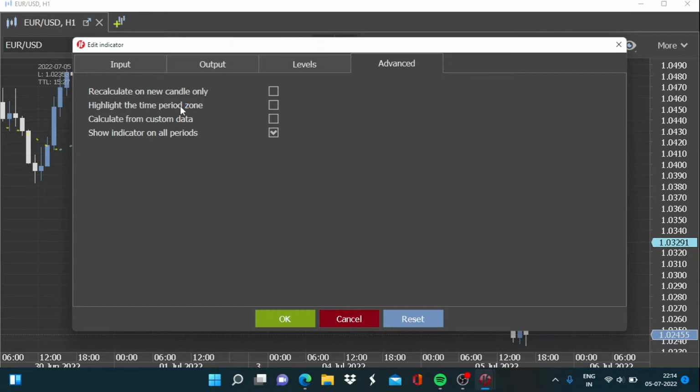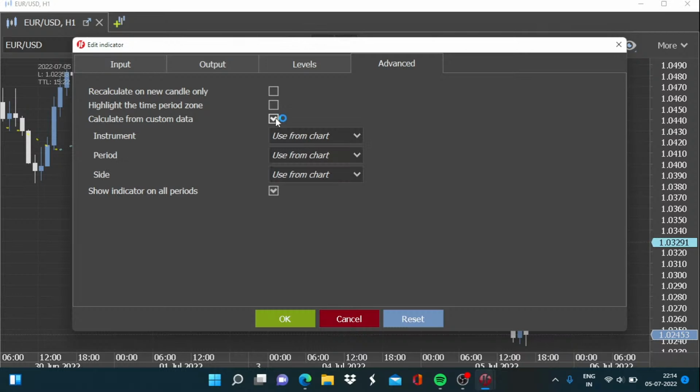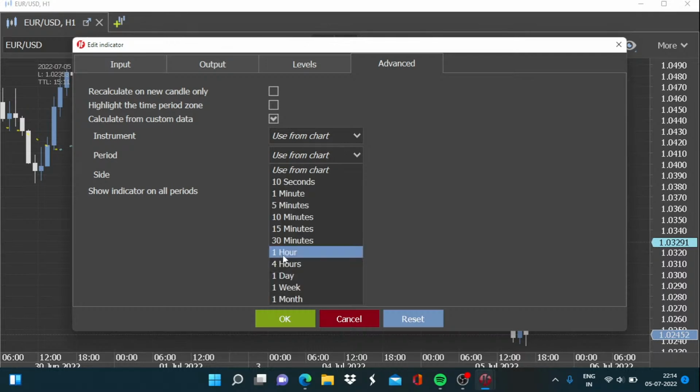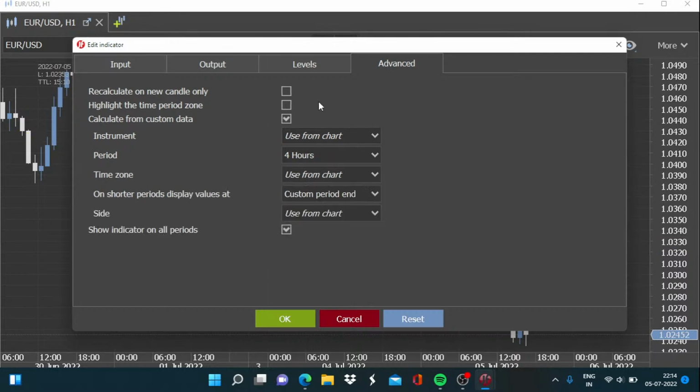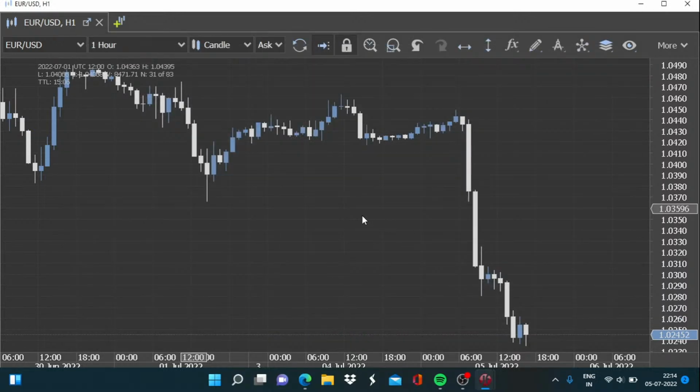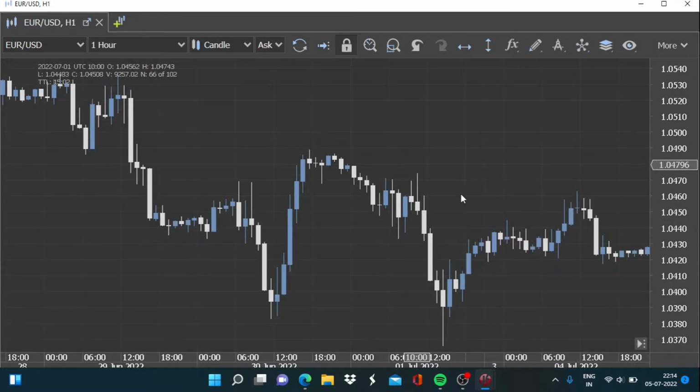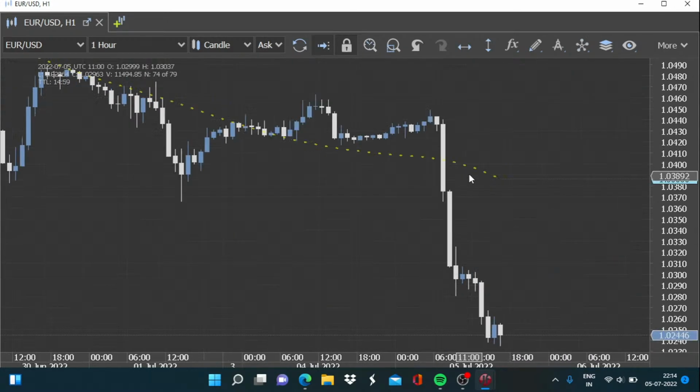If you want to calculate from the custom data, suppose you are using a chart of a different candle period, whereas you want to use the HMA of a different time frame, then all you have to do is change the candle period of the HMA, and accordingly it will be plotted differently. Now the EUR/USD chart is of the hourly time frame, whereas the HMA is of 4 hours, 50 candle period.